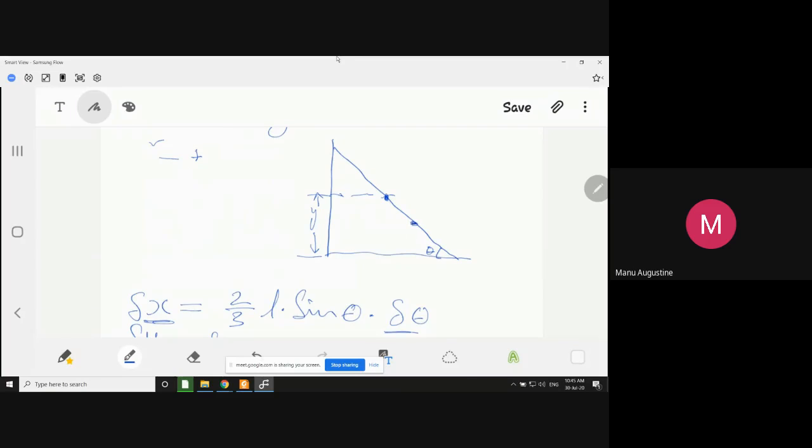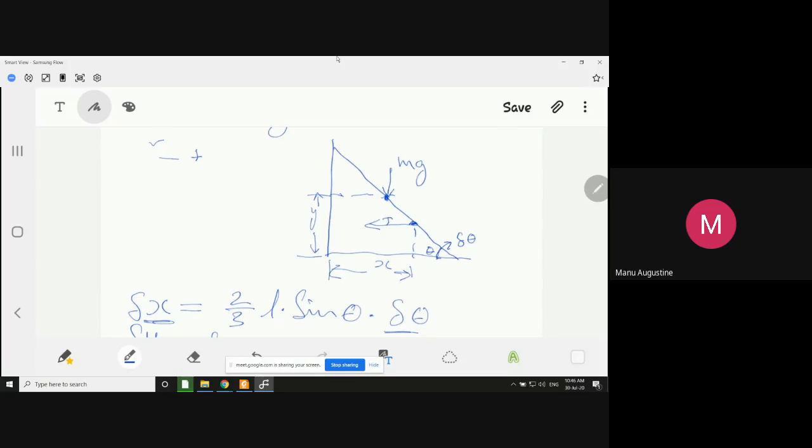This point where the thread is tied and where the tension is acting is at a distance of x. And now what I am doing is I am slightly increasing this theta by del theta.